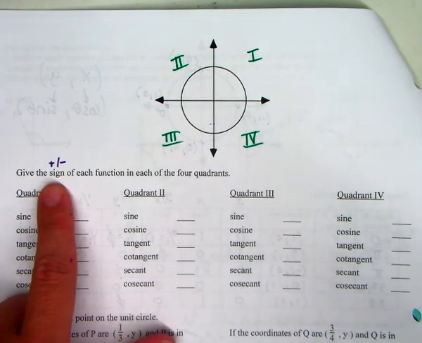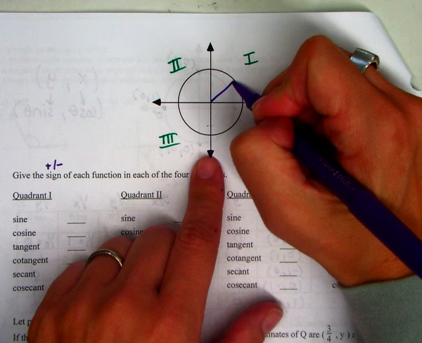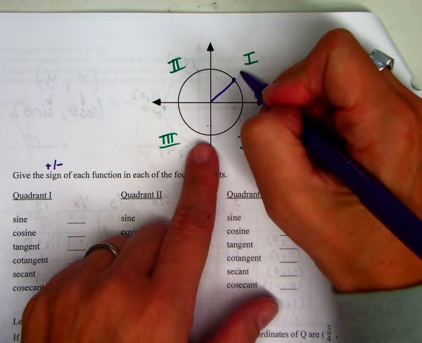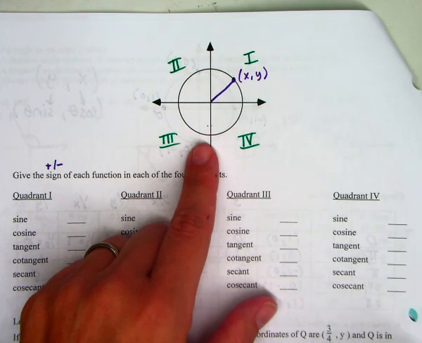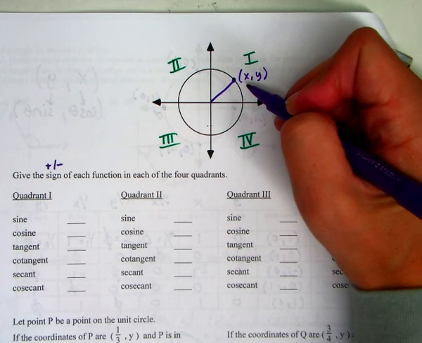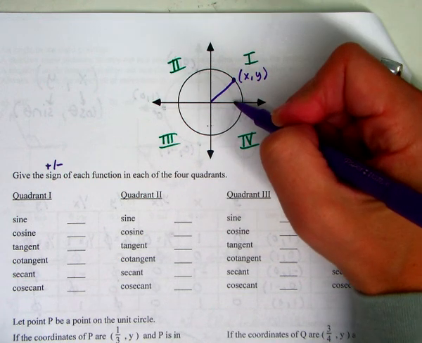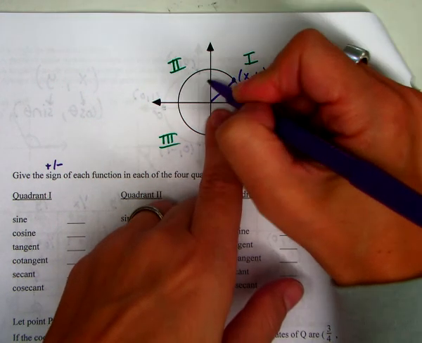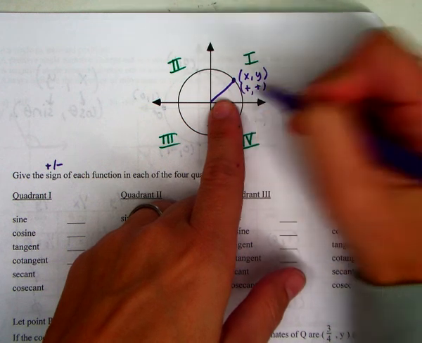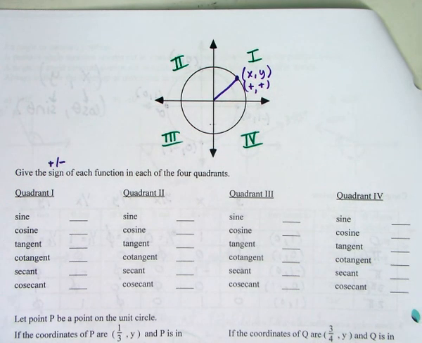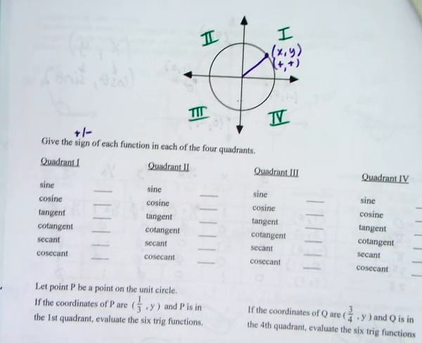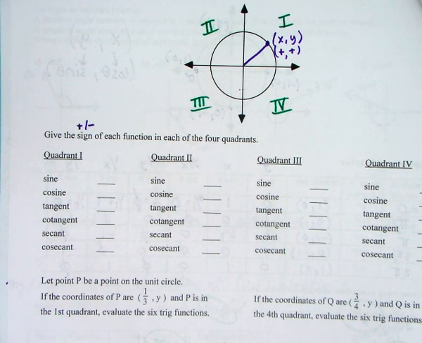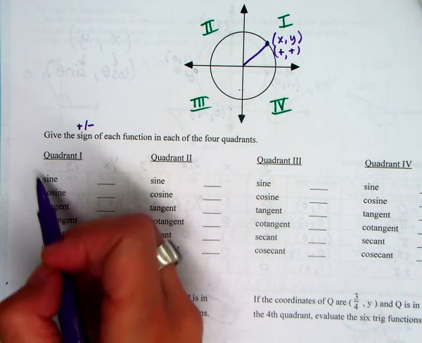So let's start with quadrant 1. So I have some point in quadrant 1, x comma y. In quadrant 1, we know that the x value is always going to be positive, and the y value is also going to be positive. So now when we name our trig functions, we know that sine is the y.